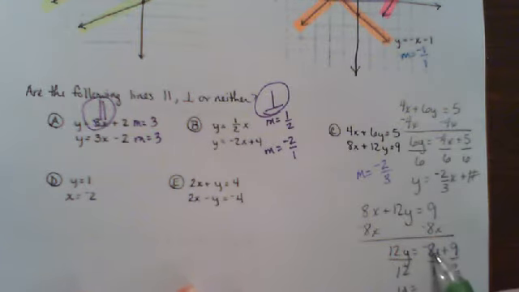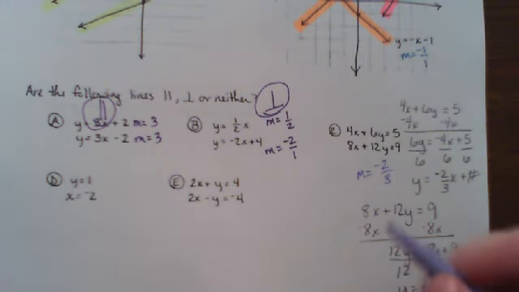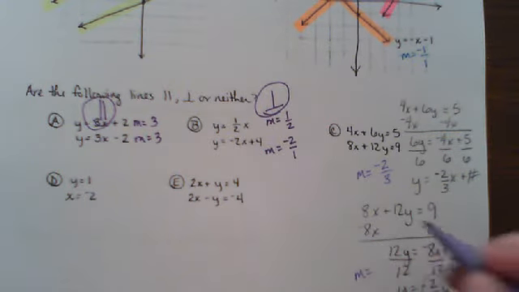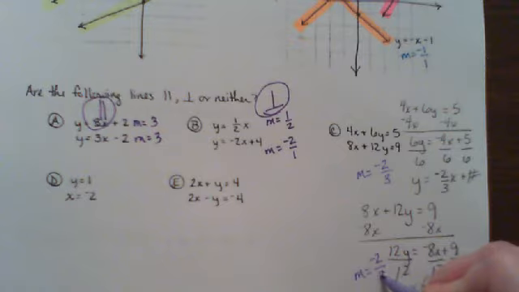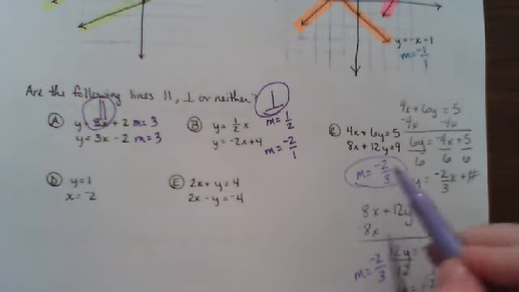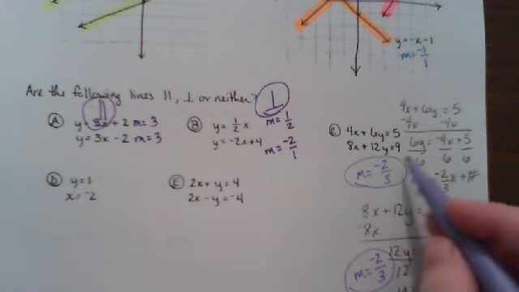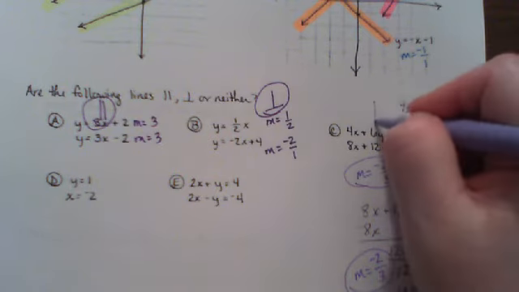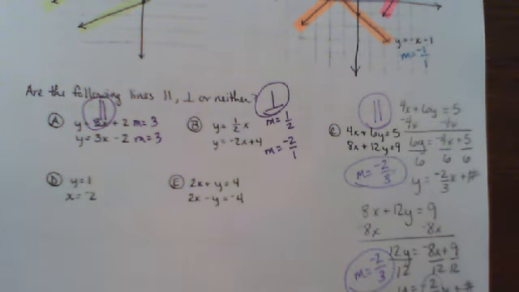Y is equal to, that reduces down to -2/3 x plus some number. I don't care what that is. All I care about is the slope. m equals -2/3. Since these two are exactly the same, that means these must be parallel lines.